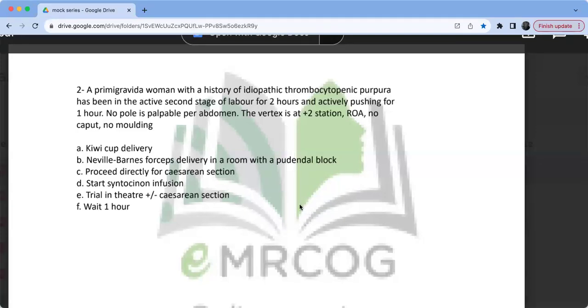You remember that if it is low station and the rotation is 45 degrees or less, where shall you deliver her? Room. Okay, so I will go for B.